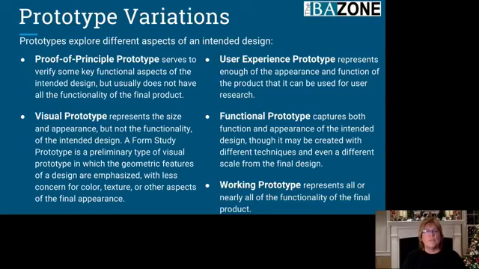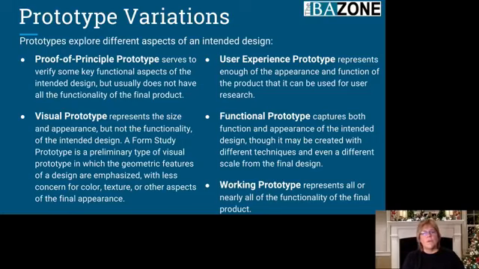The user experience prototype represents enough of the appearance and function of the product, and can be used further for users to research and take a look at. And that's where Kathleen is in her wheelhouse, where she really likes to be. The functional prototype captures both the function and the appearance of the intended design, though it may be created with different materials and even different scale from what the final design will be.